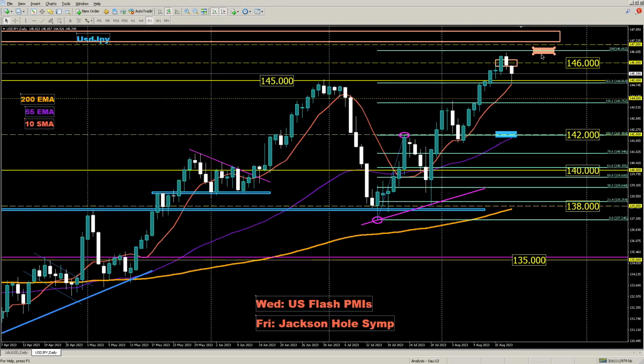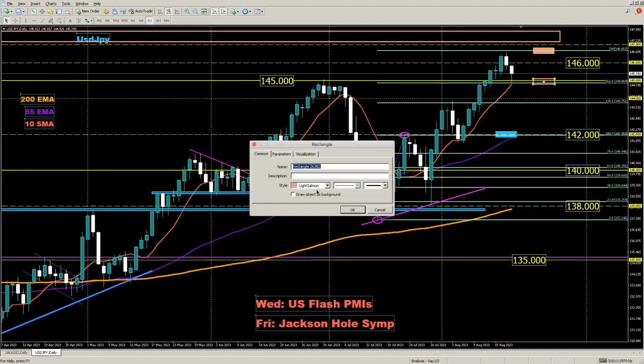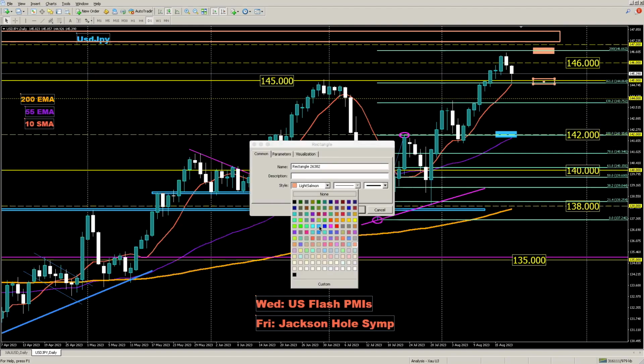So the 200 fib extension is still the major resistance, and there is interim support now at the 145 at the 162 fib extension.